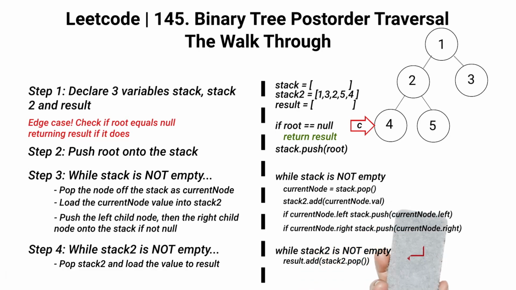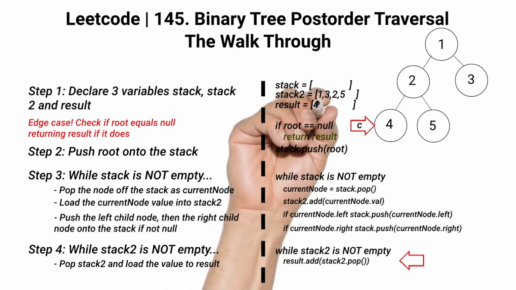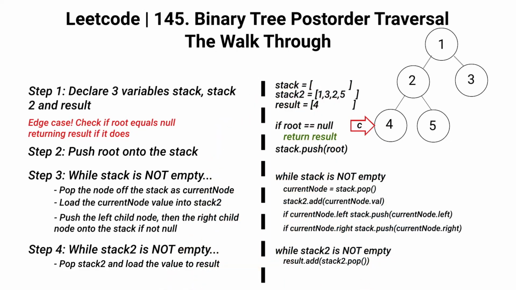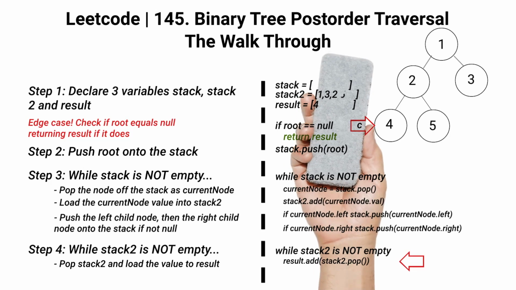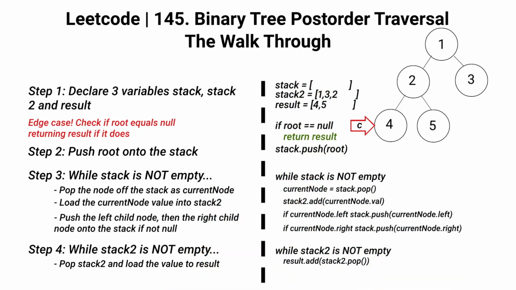While stack 2 is not empty, we can see it's not. Then pop stack 2 and add the value to the result. And then we repeat this to reverse stack 2 into the result. So next we'll then add the 2 into the result.